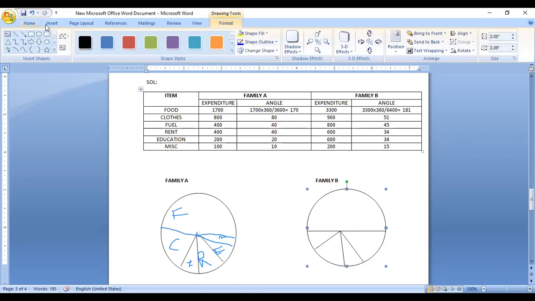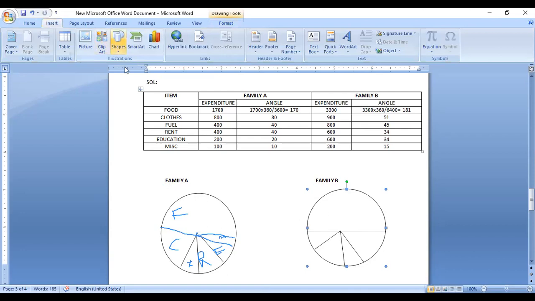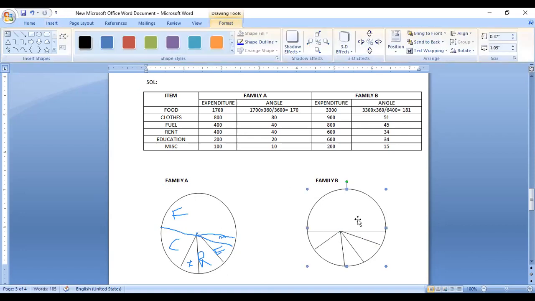Rent, then education and miscellaneous. Okay, this is food, clothing, fuel, rent, education and miscellaneous.